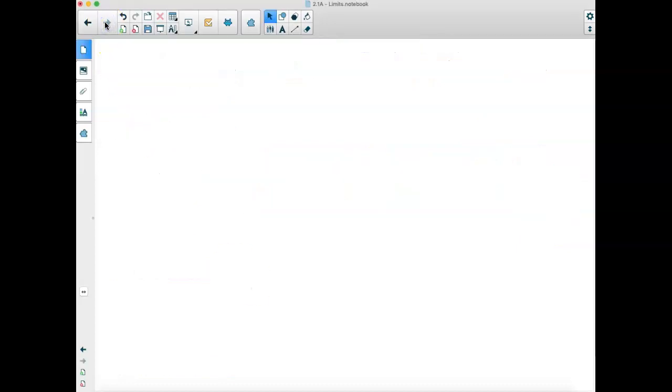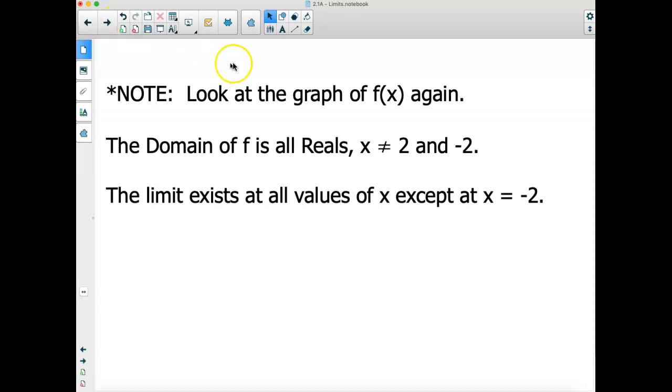Now when we looked at the domain, this was a rational function. The domain of f is all real numbers except 2 and -2. Those were the problem areas here. Now understand, we just went through here and found a few limits.